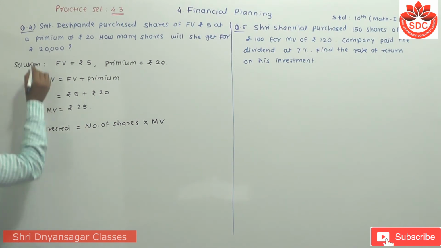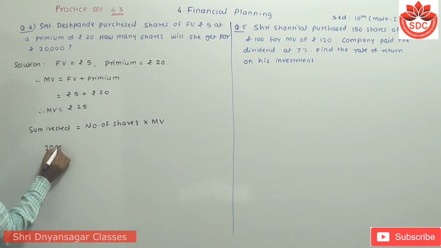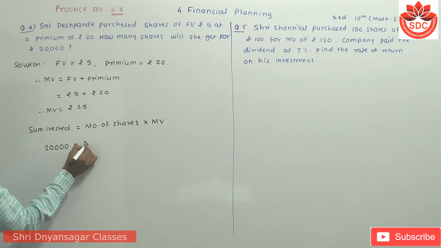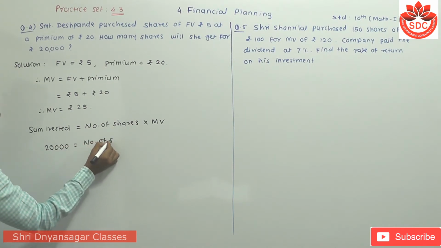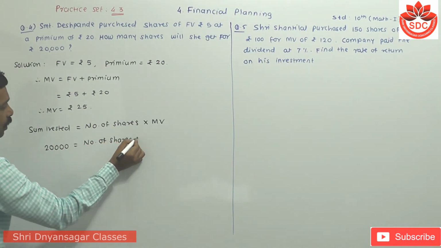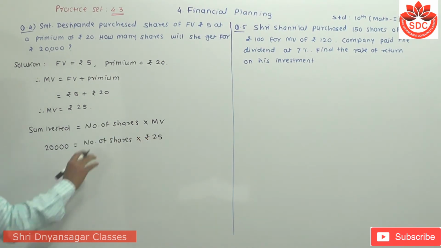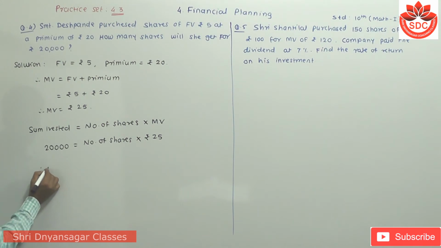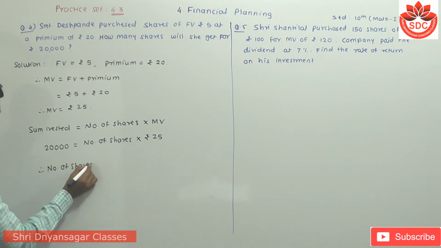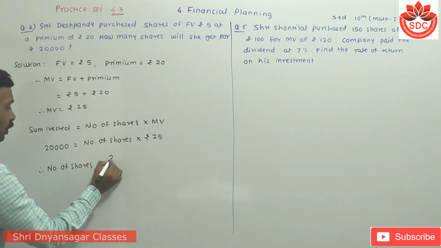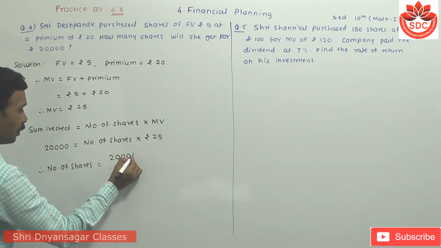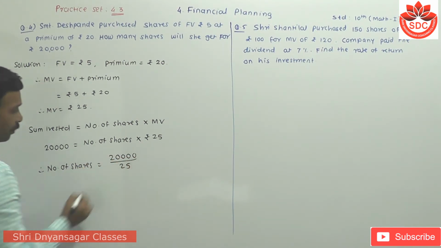Now if sum invested is 20,000 rupees, number of shares we have to find out, into market value is rupees 25. Then transposing to this side, I would write directly number of shares is equal to 20,000 upon 25.